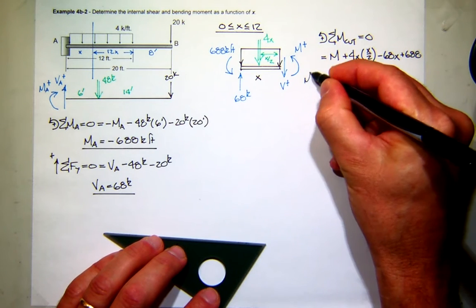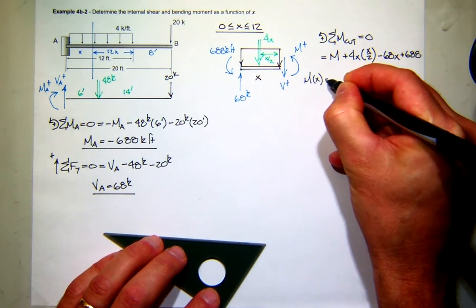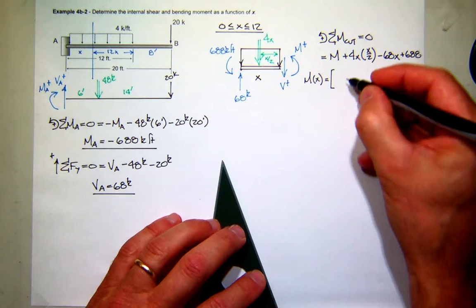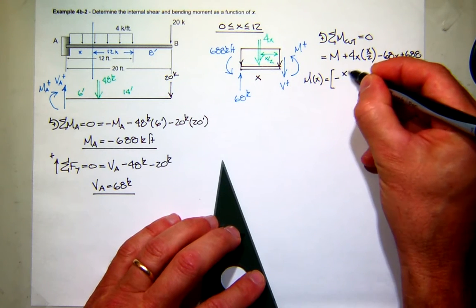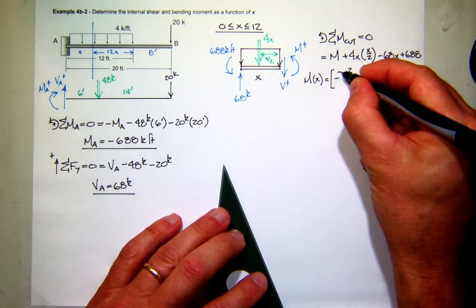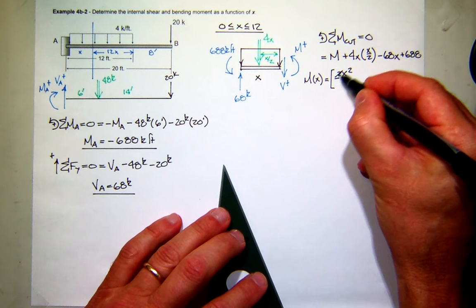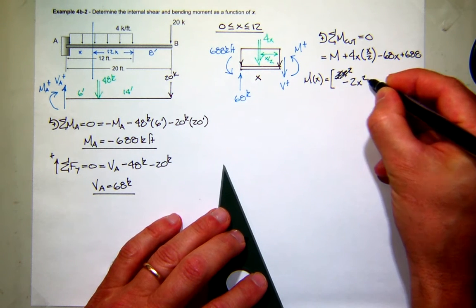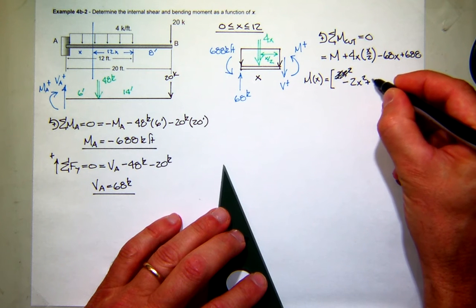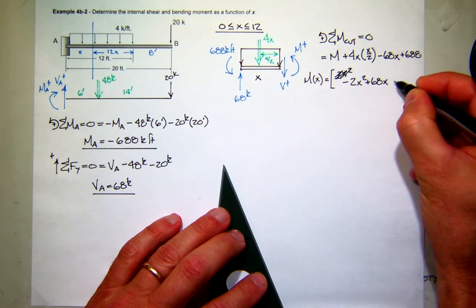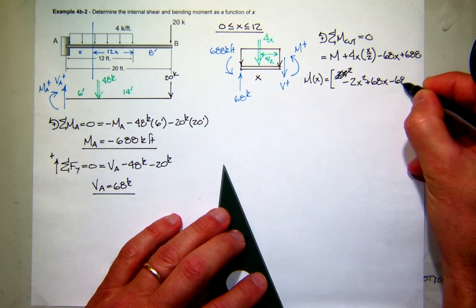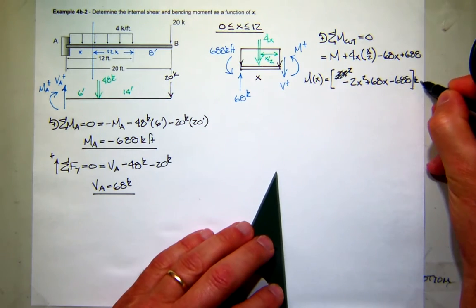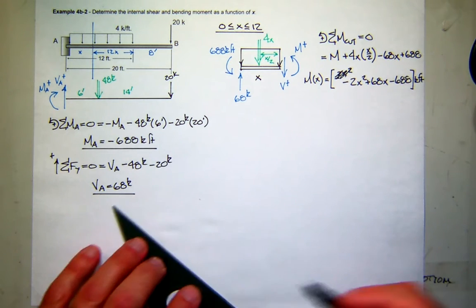So when I solve for the moment as a function of x, what do I get? Looks like I get minus 2x squared plus 68x minus 688. And all of those should have units of kip feet.